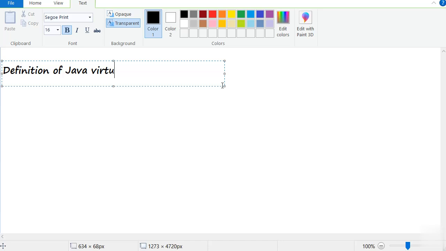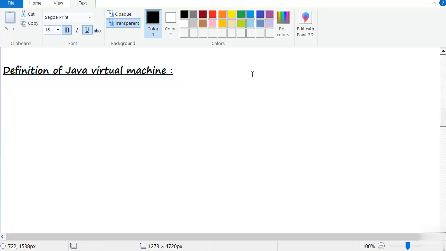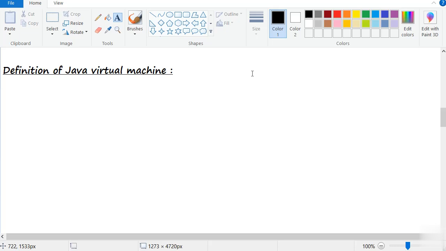So what is the definition of Java Virtual Machine? JVM stands for Java Virtual Machine.